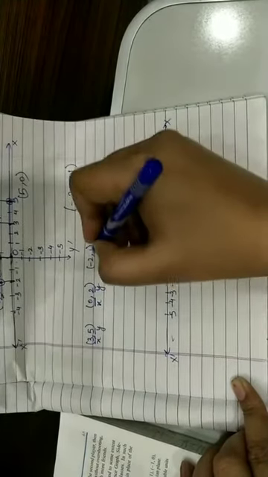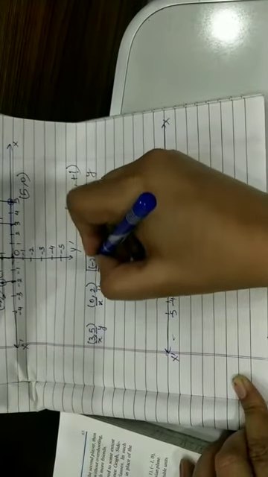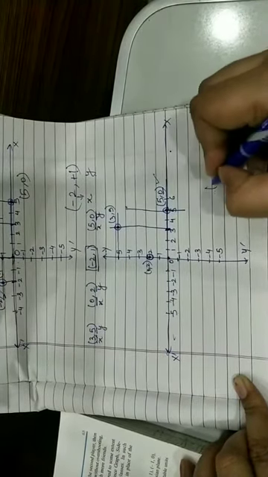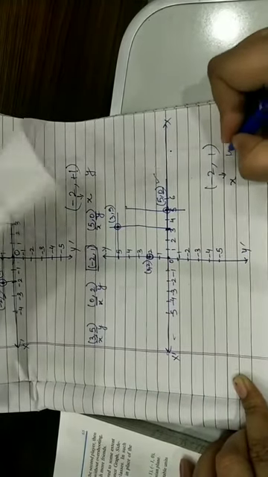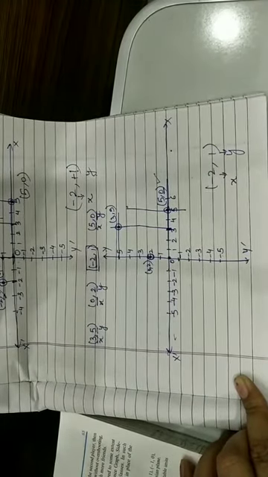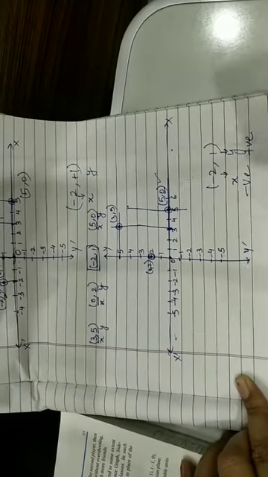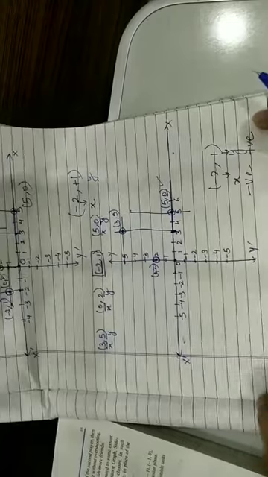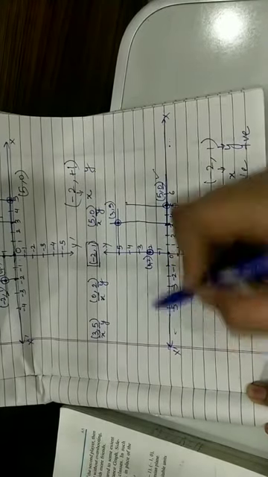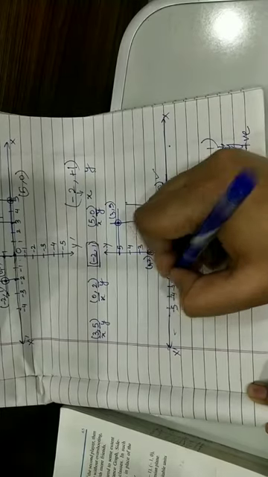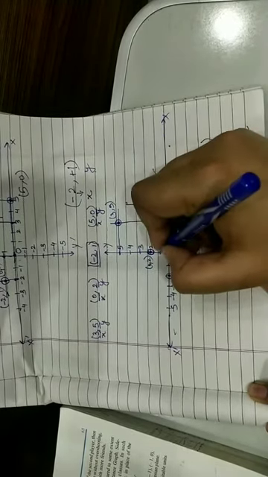So we have another point, that is -2, 1. X is -2 and y is 1. X is negative here and y is positive here. Now that means x is negative on this side, so -2 lies here, and y is positive, that means upward, that is here.